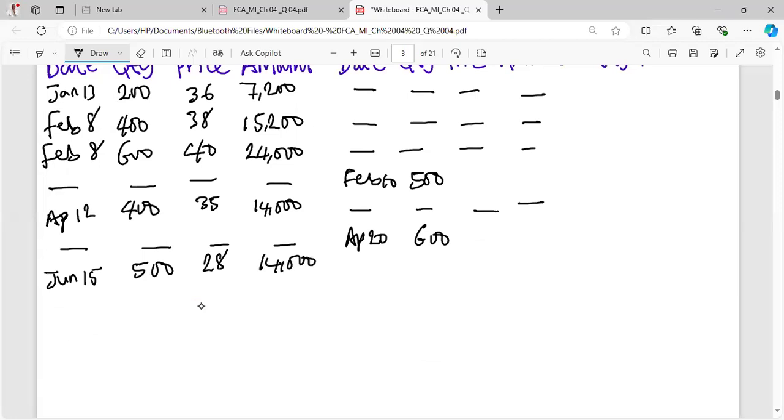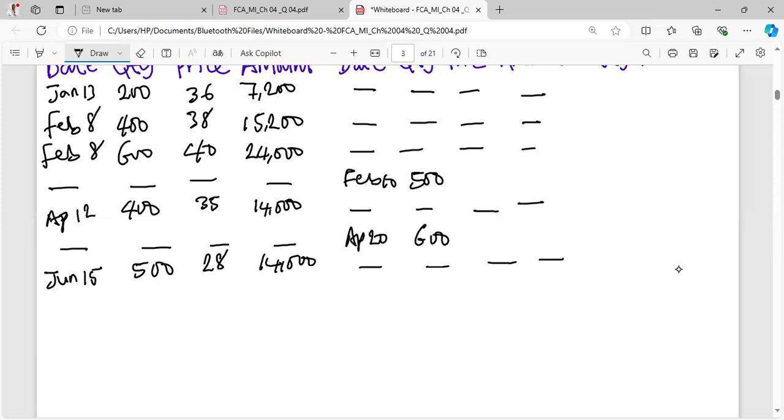All right, so we have the information we need. So this is going to be dash, dash, dash, and dash.